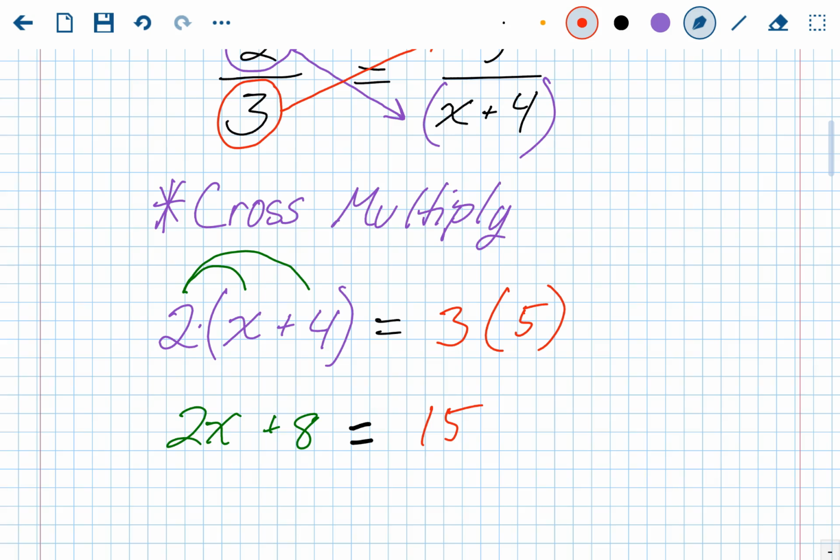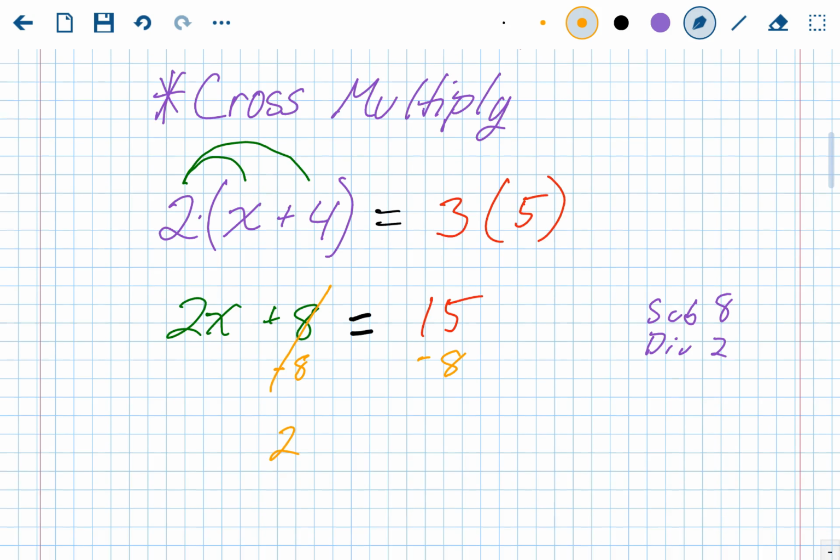Two-step equation now. Again, these two-step equations are going to pop up everywhere. The two steps on this are going to be subtract 8 and then divide by 2. So subtract 8 from both sides. Left side goes away.